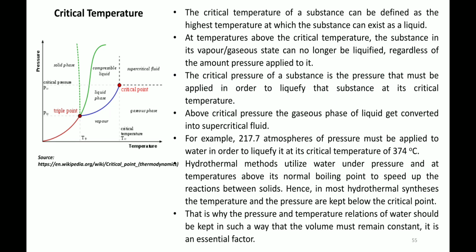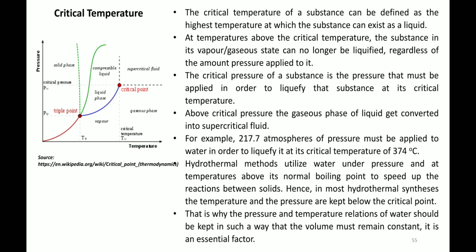As far as hydrothermal synthesis is concerned, it is necessary to understand the thermodynamics of water. Here you can see there is a phase diagram, which is represented on the left hand side. That is called the critical temperature of water. We are trying to understand that with the help of this diagram.